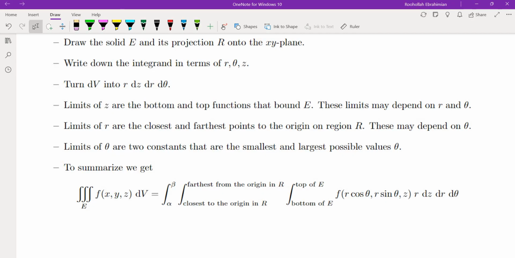Then you look at your region R, and then you find limits of r and theta from that region. So to summarize, this is the formula. So I will see you in the next video.